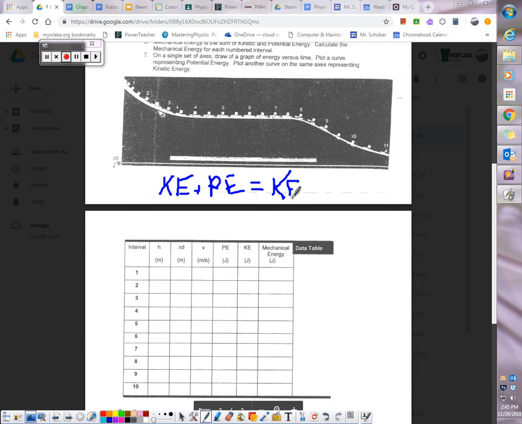In physics, we idealize things to ignore friction and air resistance. So we first like to think about what it should be in ideal circumstances, when there is no friction or air resistance. Remember, these are your initial values, and these are your final values.